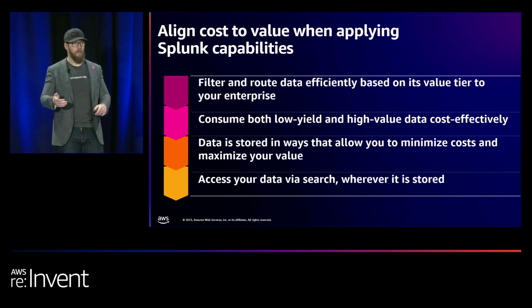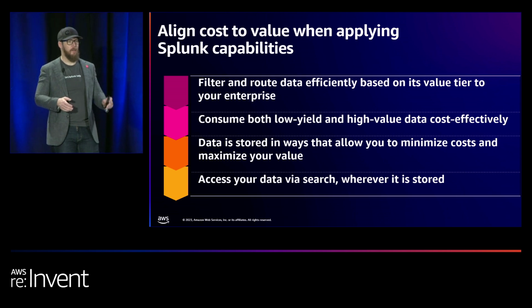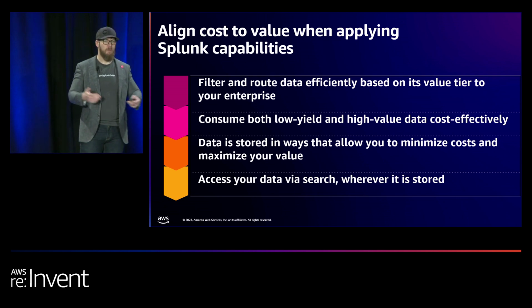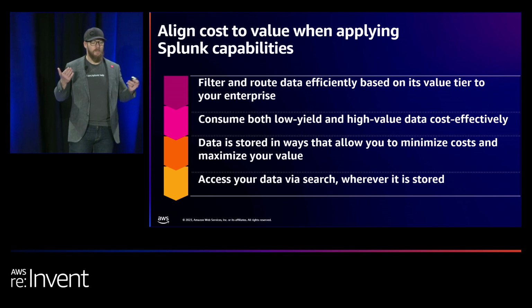Low yield data where you might be batching something or you might have a legacy application or a SaaS service where you're getting something in an infrequent manner, you may still need to collect that. So like Pega SaaS, right? Or something else similar. Still has a lot of value.